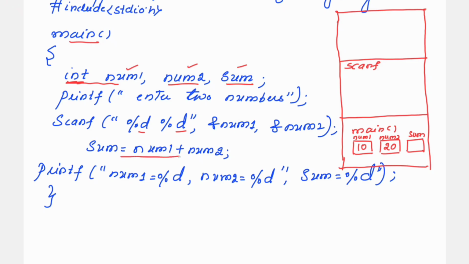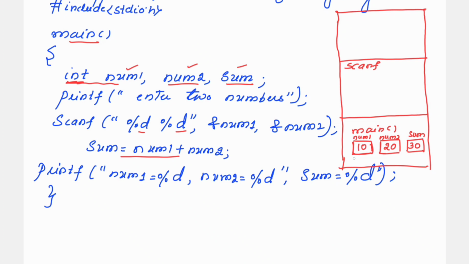Then a computation statement is written, which will add the values of num1 and num2, and it will be stored in the variable sum. The value for sum is stored here. Also remember that when memory locations are identified for the three variables, these memory locations will certainly have addresses.